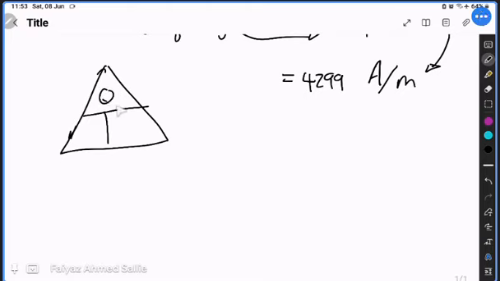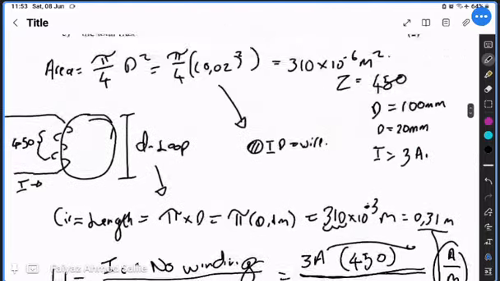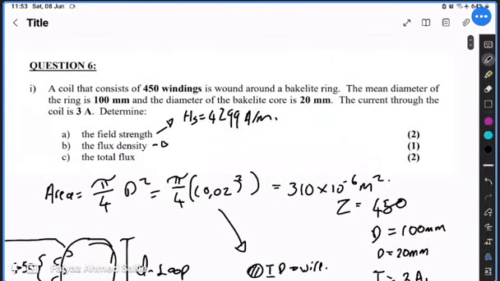And we know that the flux will equal the magnetic density multiplied by the area. So let's calculate the magnetic density. No, wait, what's the question? The question says flux density. So they want B, Tesla, right? They want B, Tesla.